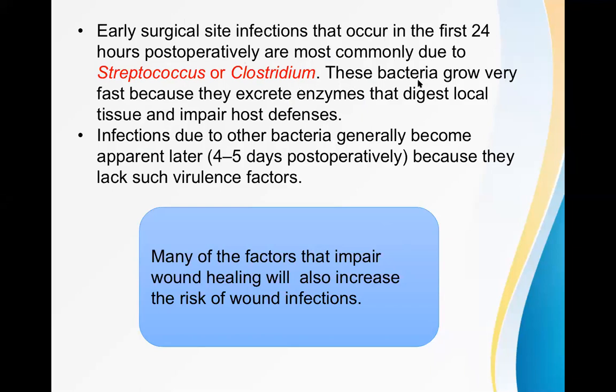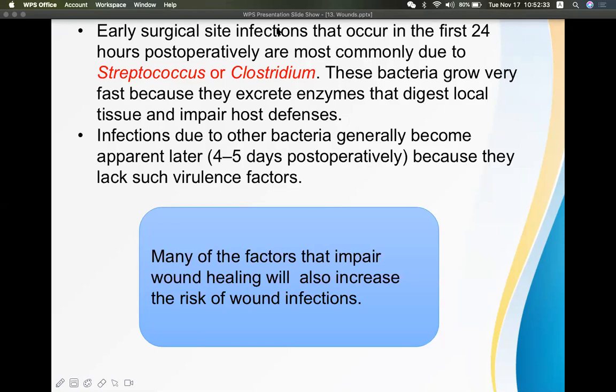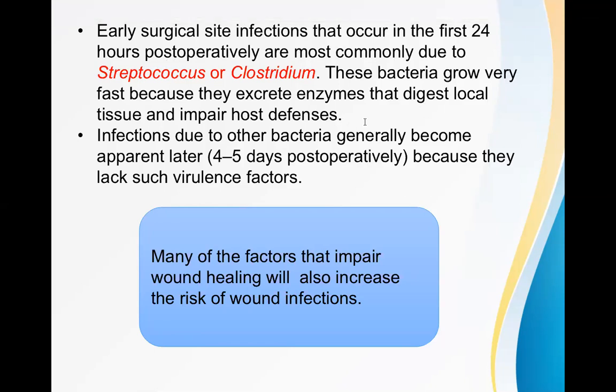These bacteria grow very fast because of some virulence factors which they possess. Those virulence factors are lecithinase and hyaluronidase. Let me write those important terms for you. Lecithinase and hyaluronidase.